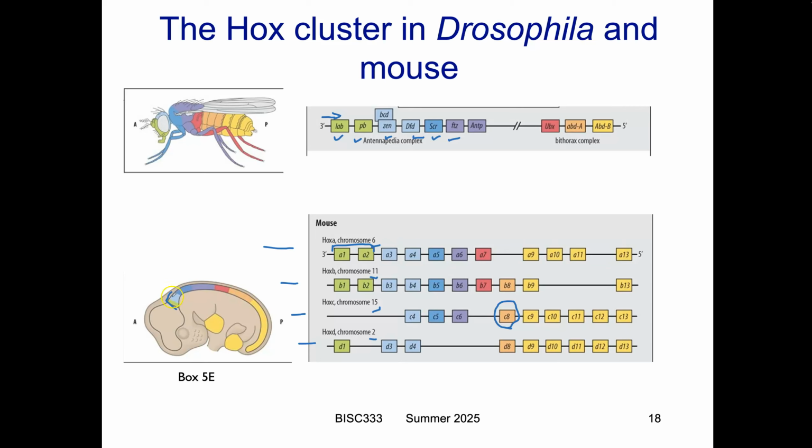And then the next batch are expressed a little more posterior, and so when you get this anterior to posterior expression, that matches the color coding that's here. Notice also that the most posterior ones expressed in the tail of the mouse, they're also expressed in the limb buds. So these are the fore and hind limb buds.